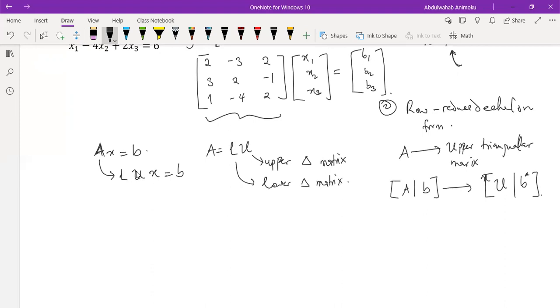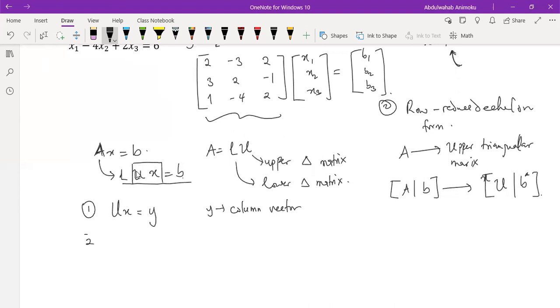Now, instead of solving this directly, you break it down. The first thing is you box this one out, UX, and we substitute another variable for UX. So when you solve UX, it's going to give us Y. We make this substitution, UX is equal to Y, where Y is a column vector, just like B is.